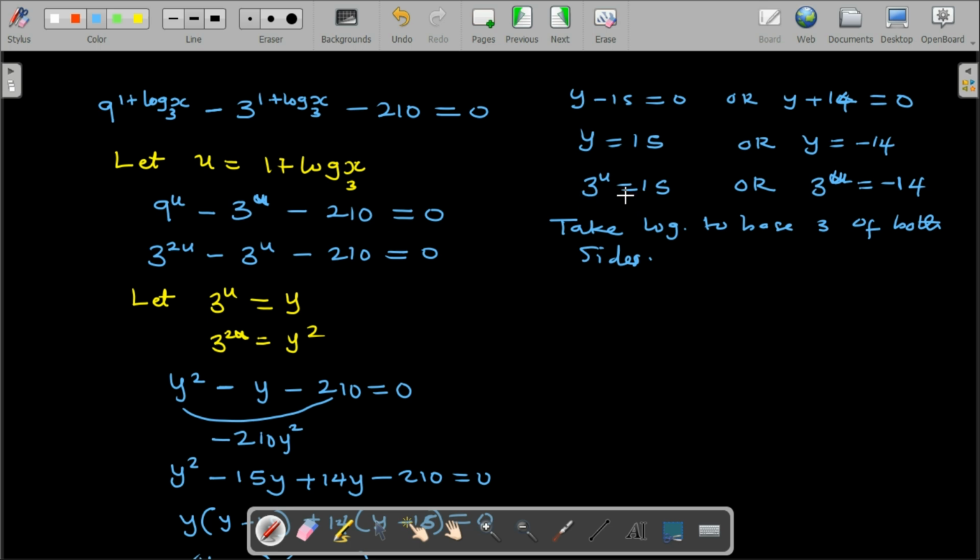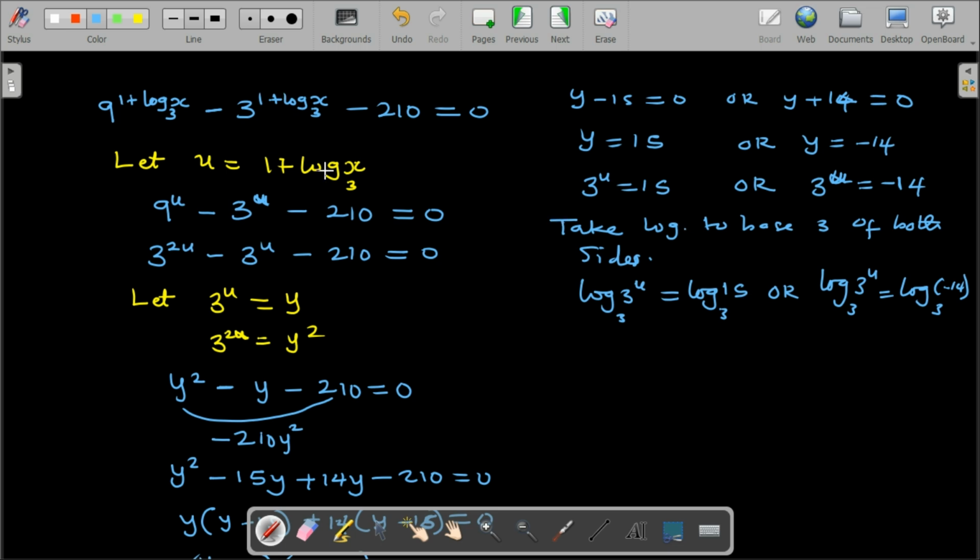So from here, if we take logarithm to base 3, we have the logarithm of 3 to power u equals the logarithm of 15, both to base 3. Or we could have a similar thing, logarithm to base 3 of 3 raised to u equals the logarithm of negative 14 to base 3.